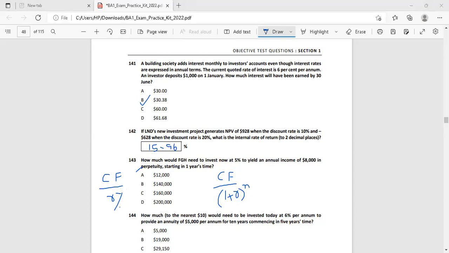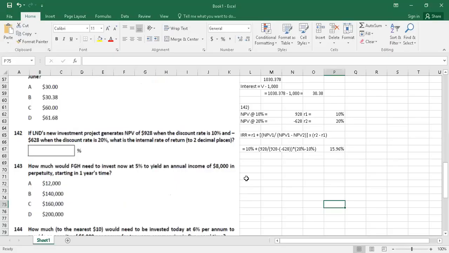Okay. So in that case, $143, the present value of cash flow in perpetuity is equal to, take the cash flow divided by R percentage, as simple as that.